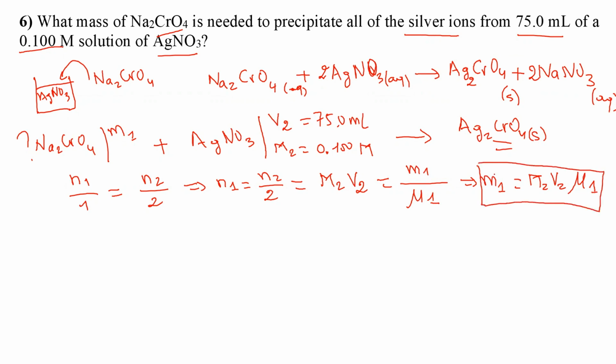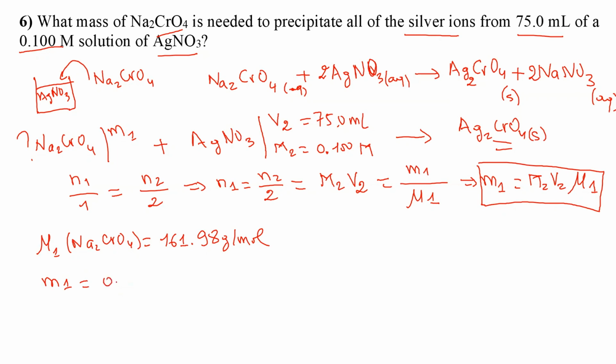Now let's calculate the molar mass of sodium chromate. If you calculate it, this is equal to 161.98 grams per mole.